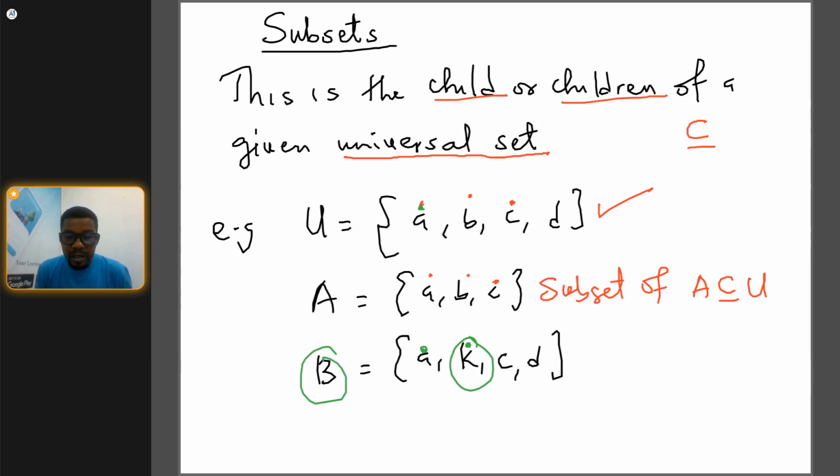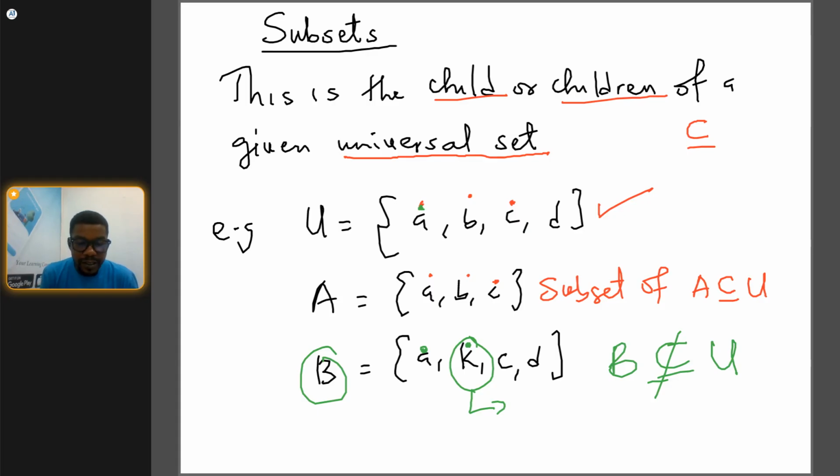So B is not a subset. That's why I have to cross it. B is not a subset of the universal set. So B is not a child of the mother set. For this question we are considering, B is not a child of the mother set because of this K. Because in the universal set we don't have K. So it seems like this B is not a child. It does not belong to that mother. So B is not a subset of the universal set.